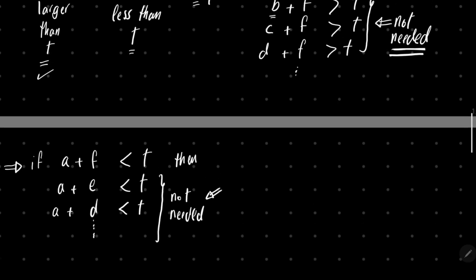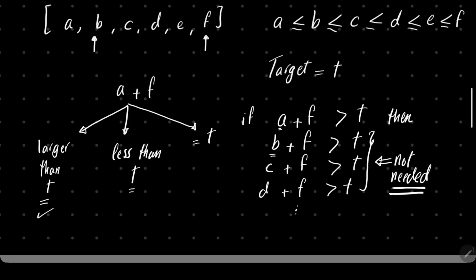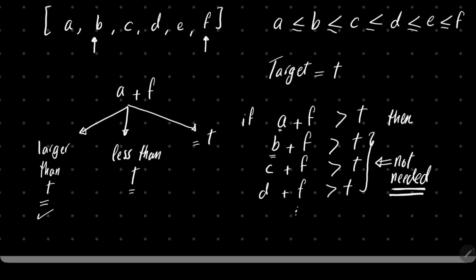In general, if the summation is less than T, you move right. If it's larger than T, you're trying to make it smaller, so you move left. And if it's equal to T, you're done.